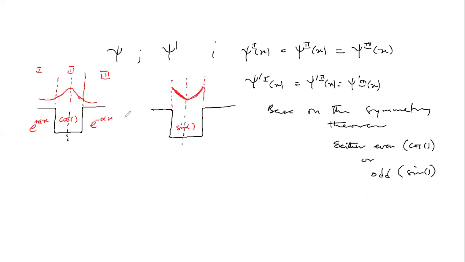It's a sine function, so it's odd. So outside the boundary it is going to come this way for it to be continuous. This is region 1, this is region 2, this is region 3. So for the wave function to be continuous between regions 1, 2 and 3, this is what we get. In region 1 we are going to have exponent positive alpha x, and here exponent negative alpha x for it to be continuous. And it goes on and on.